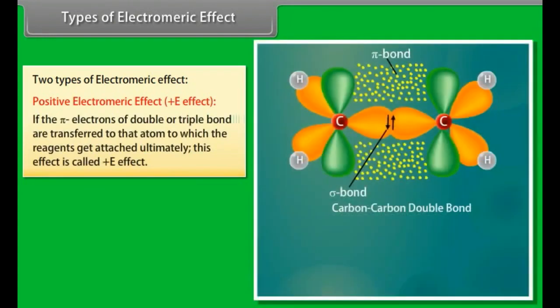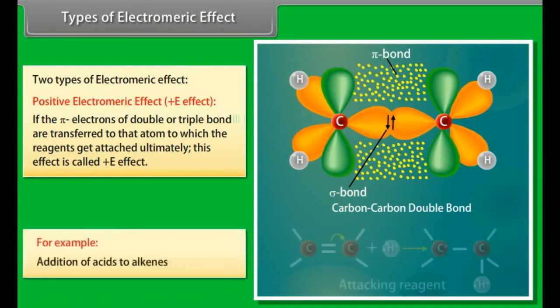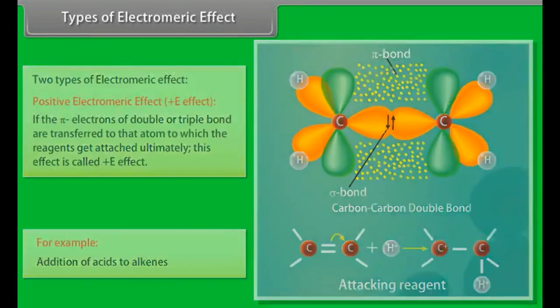Two types: positive electromeric effect, positive E effect. If the pi electrons of a double or triple bond are transferred to that atom to which the reagent ultimately gets attached, this effect is called positive E effect. For example, addition of acids to alkenes.